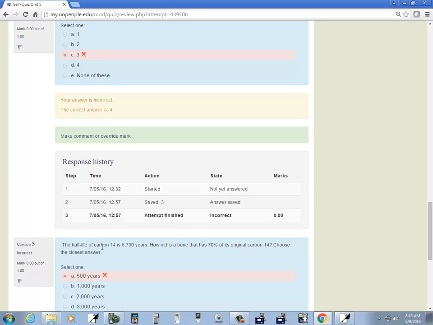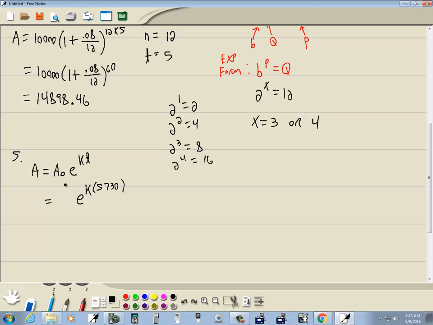How old is a bone that has 70% of its original carbon-14? Okay, we'll get to that, but first the half-life of carbon. Now this A represents the ending amount, and this A sub naught is the beginning amount. Half-life means it's got half as much as it originally had. So we put half of A sub naught over here, because A sub naught is our beginning amount.